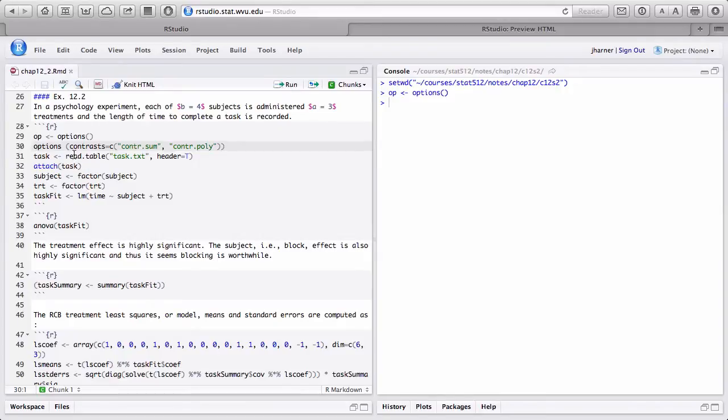I'm going to set the contrast. Notice I have two sets of contrast, and the first set corresponds to factors. So if I have the treatment effect, it would use the sum contrast, the sum of the alpha sub i's equals 0. That second one would be if I have an ordered factor.